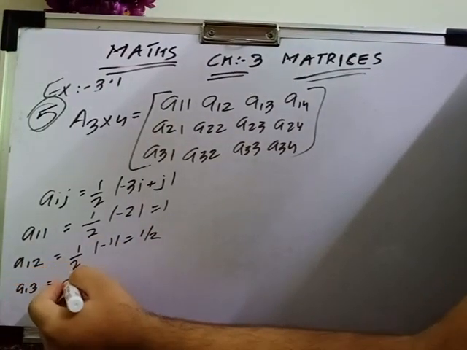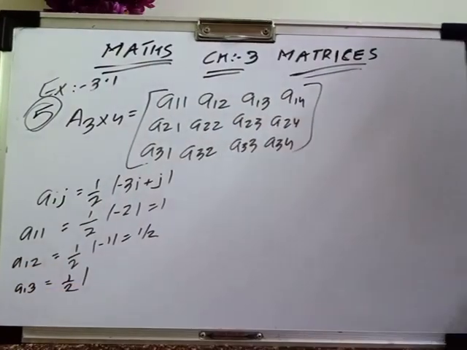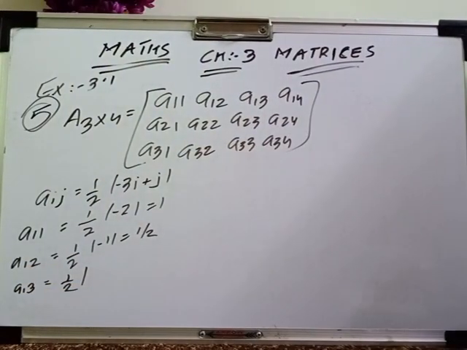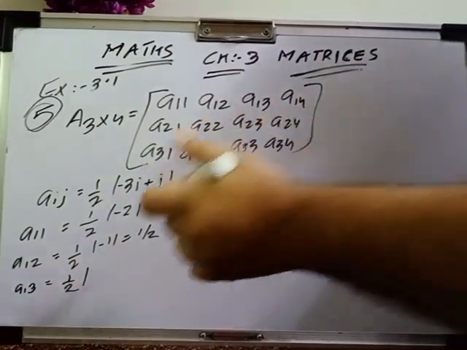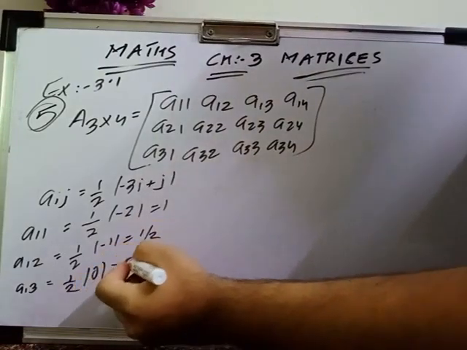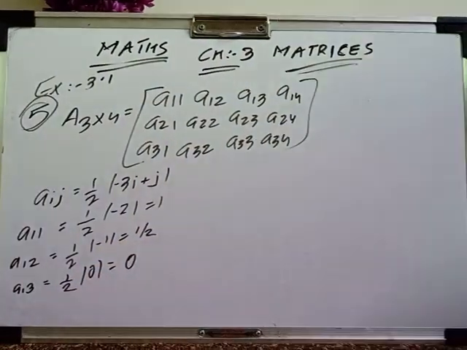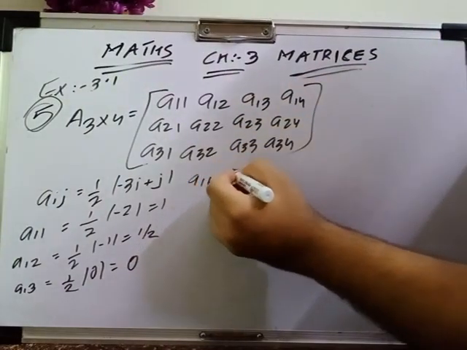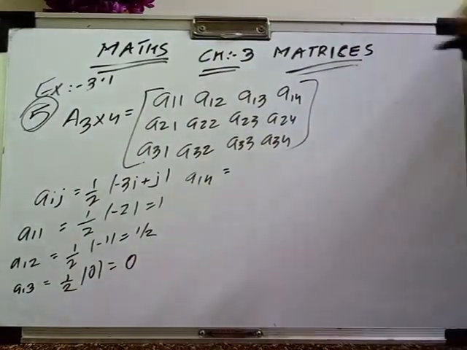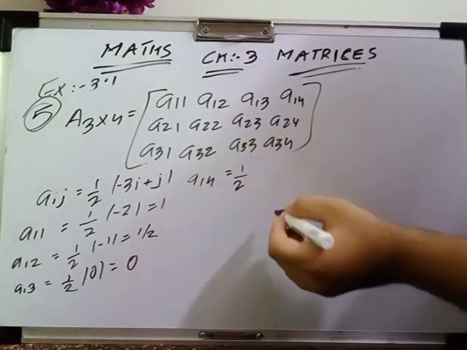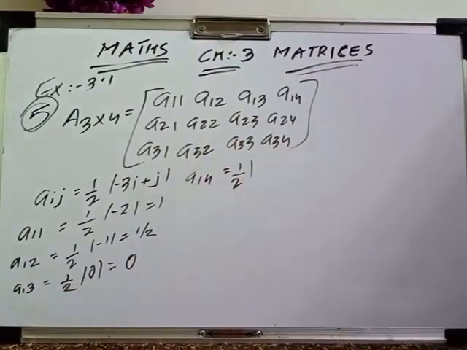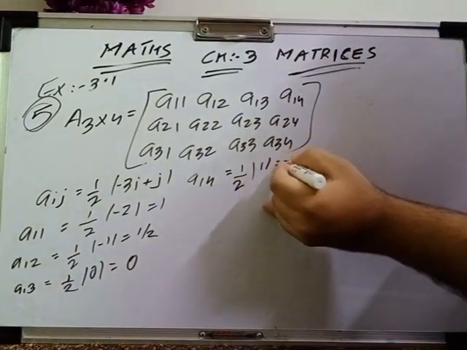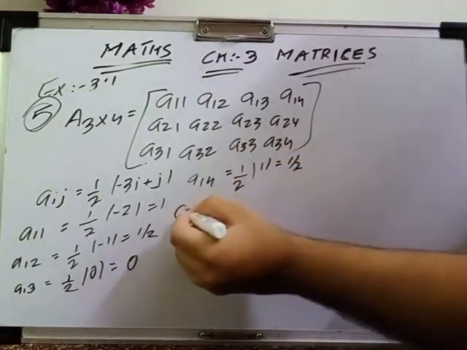A13: it will be minus 3 plus 3, 0, the answer will be 0, right? Let's find A14, right? I will keep i as 1 and j as 4, so minus 3 plus 4 will give me plus 1, it is 1 by 2.